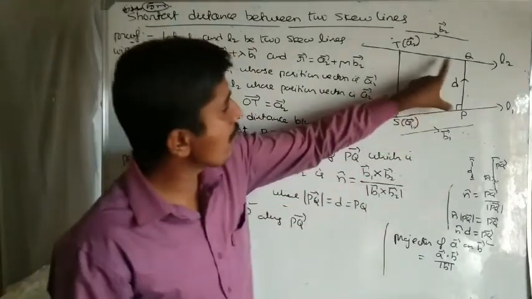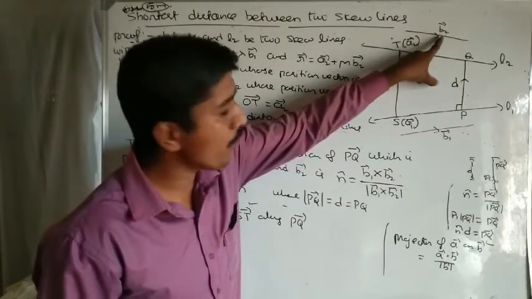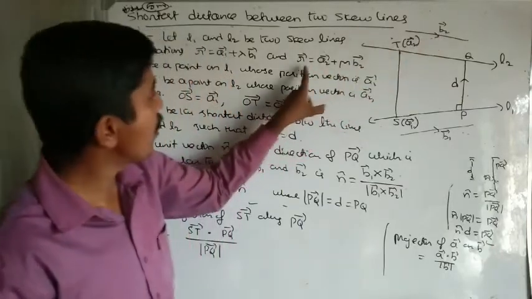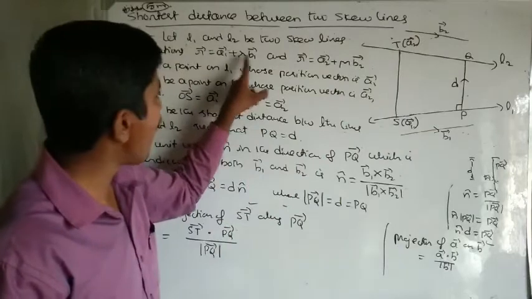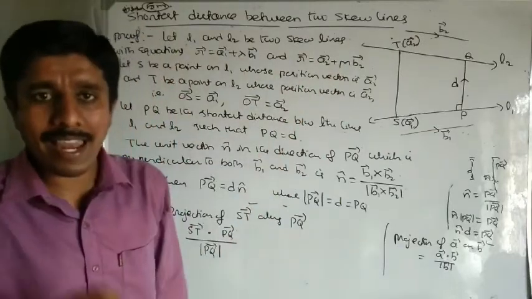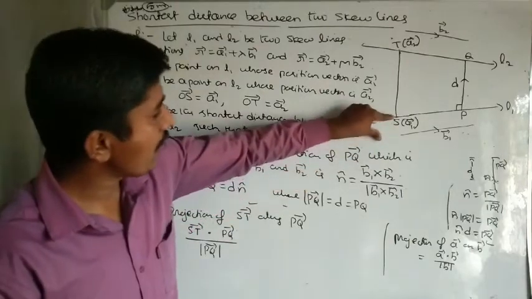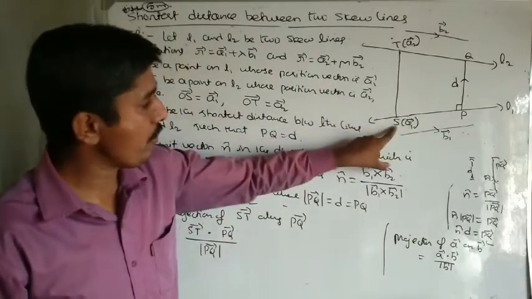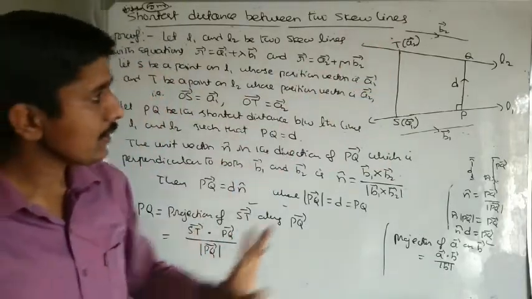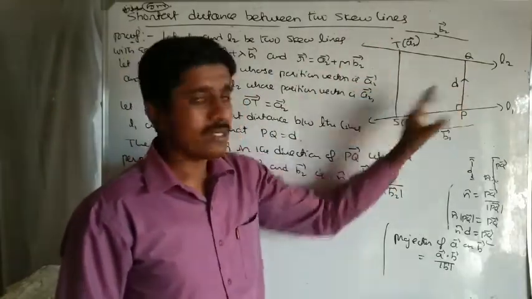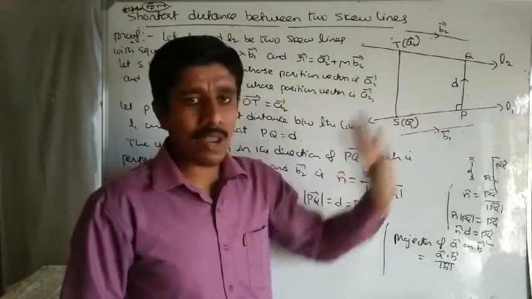The equation of the line passing through T, whose position vector is A2, parallel to vector B2, is vector R equals vector A2 plus mu vector B2. Here lambda and mu are scalars. Take vector OS equal to vector A1, the position vector of S, and vector OT equal to vector A2. Here d equals PQ, the shortest distance between the two lines L1 and L2.